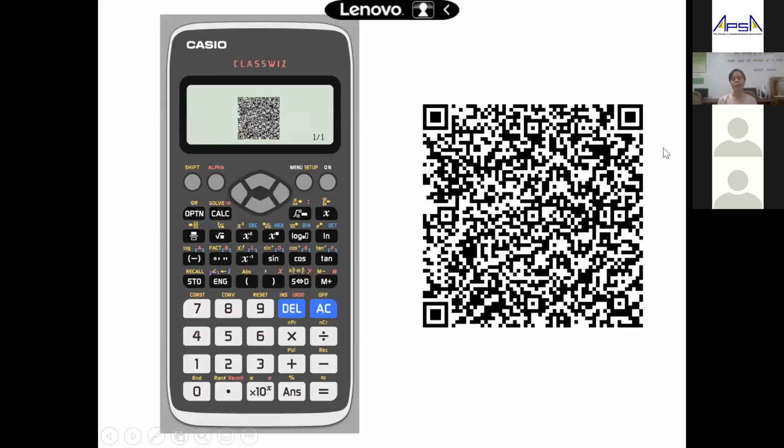Okay, so I'll pause this screen for a while. Those of you with smartphones or Android phones with a QR code scanner, try scanning this and see what you will find. Okay, sige, I'll give time. Maybe you're still looking for your smartphone. Okay, then point it at the screen.